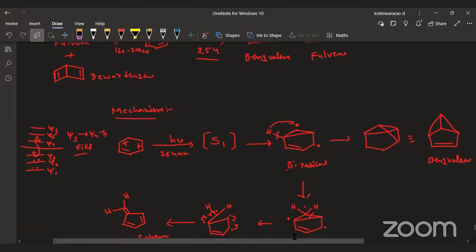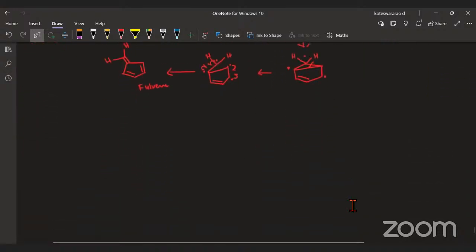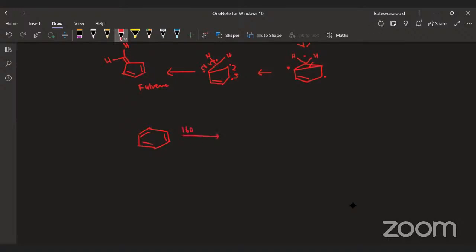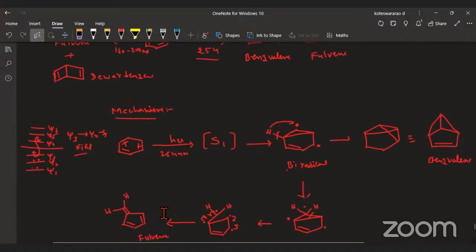Now, when you look into the higher energy transition, that means the benzene is excited with higher energy in the range 160 to 200 nanometers. In that case, the electron is excited from psi 3 to psi 5 directly.